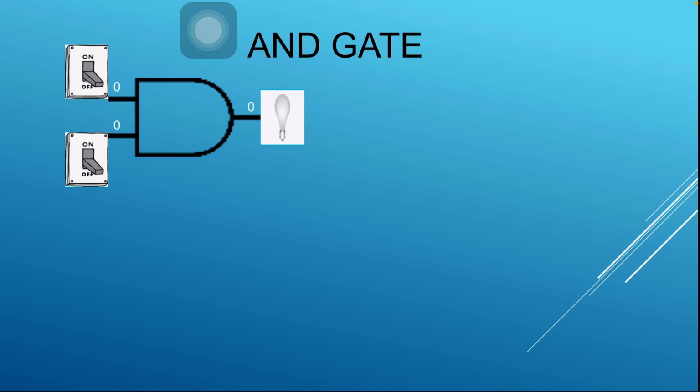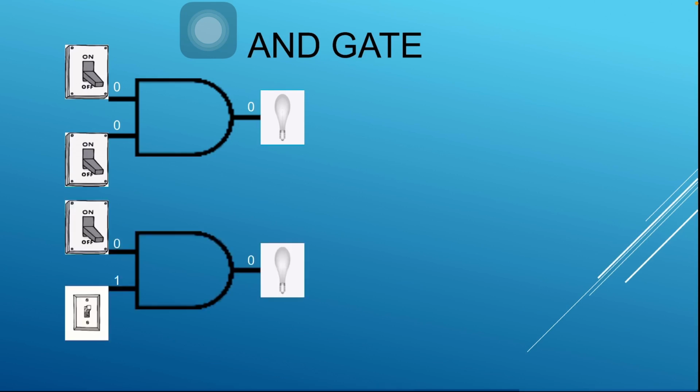So this AND gate is like the opposite of the OR gate. If we put 0 in both A and B, then the result will be 0, just like the OR. But the difference is here. If we put 0 in the input of A and 1 in the input of B, then the result will be 0.